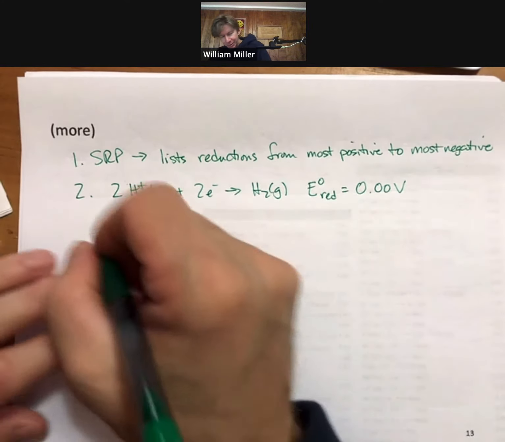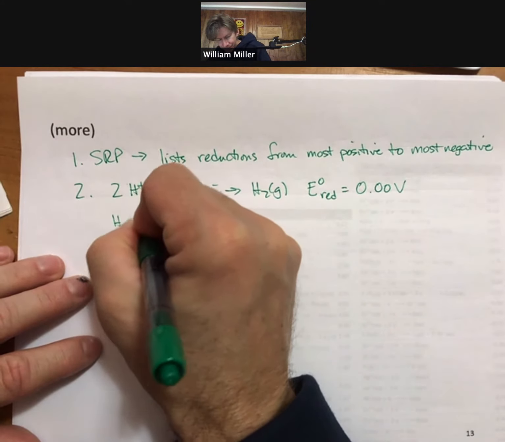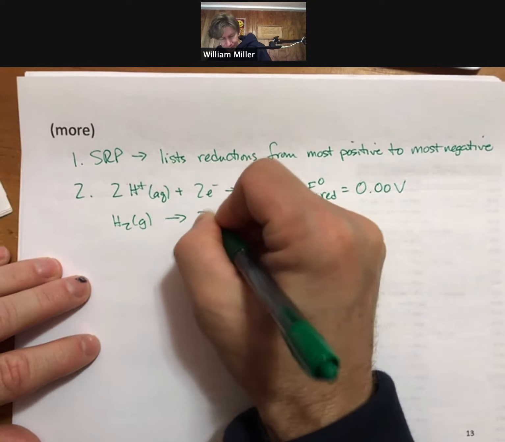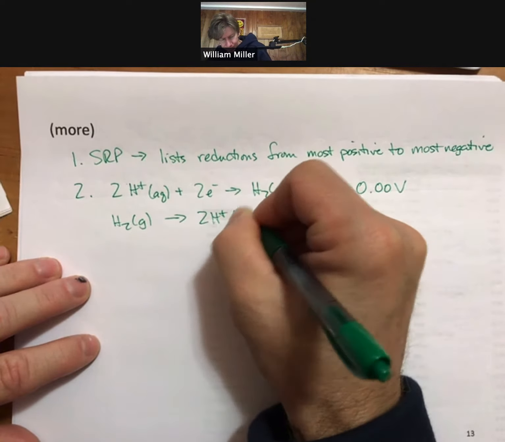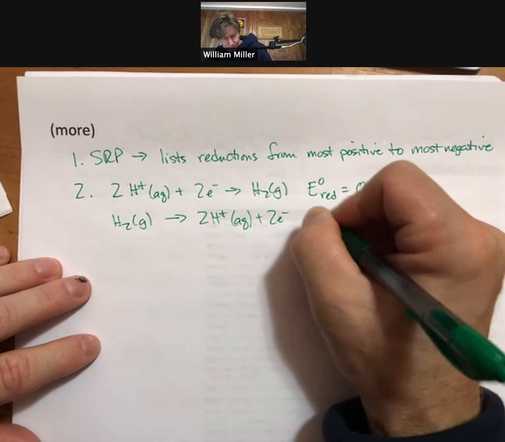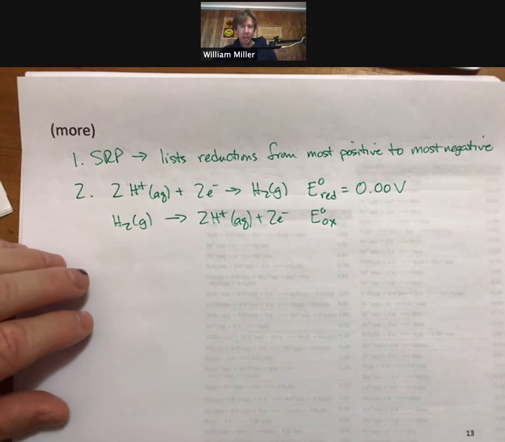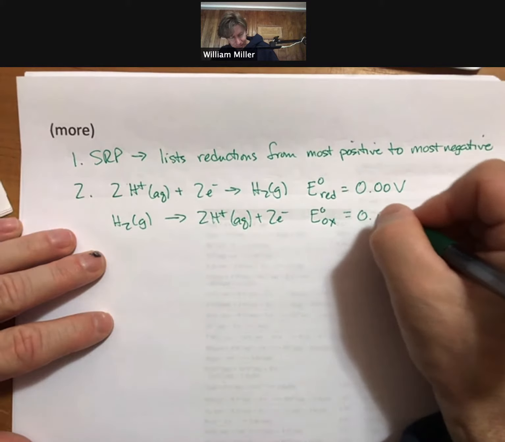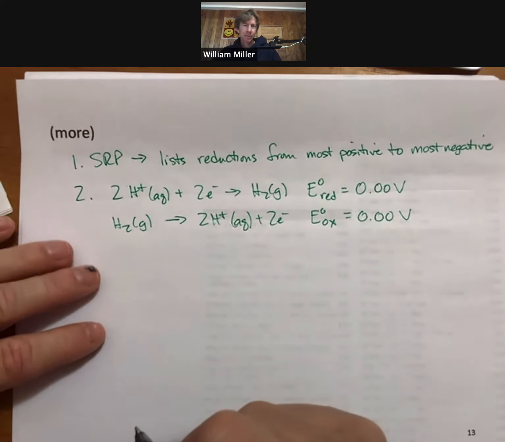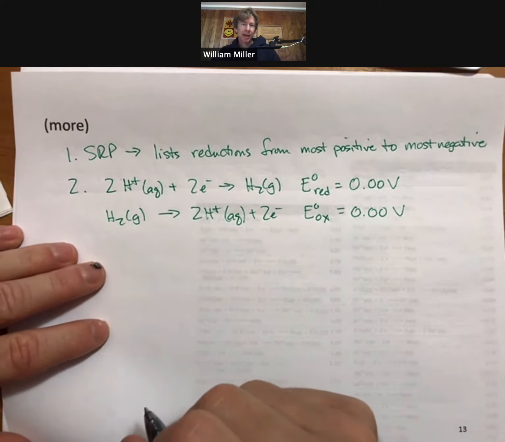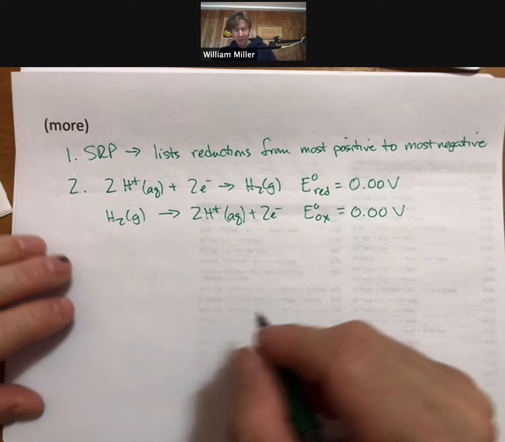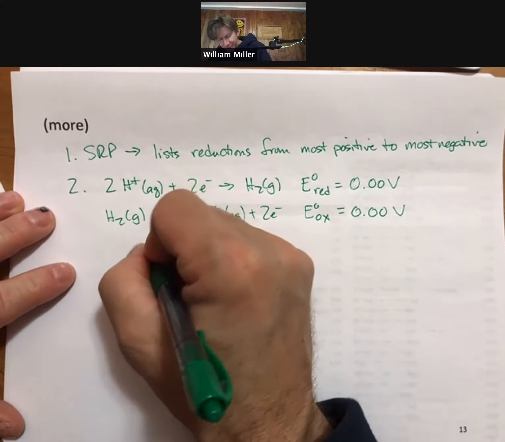That means if we flip this, the potential for the oxidation half reaction is also the same. And again, I'm happy to talk more about this in office hours or in class, but this is a definition.